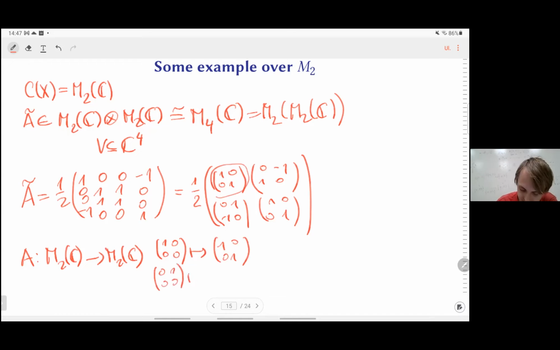This is mapped to 0, minus 1, 1, 0, and so on. So it works like this.